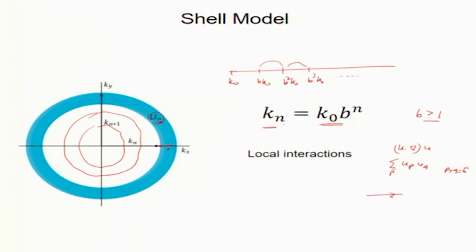If you have wave number k, then this p can be any size, but in the shell model we do not allow that. We say that k_n will interact only with a few modes, in fact 5 modes, 2 on the left and 2 on the right. So I will show you that model now.